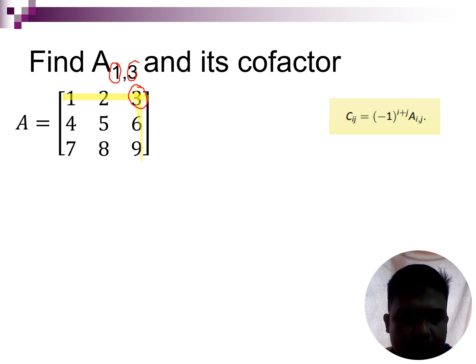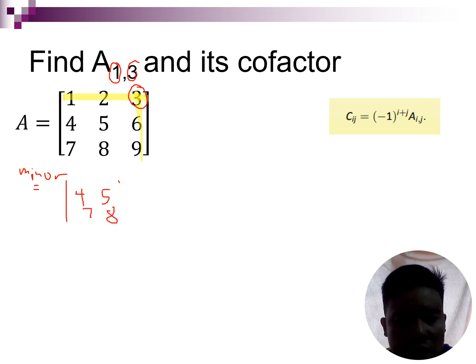So in looking for the minor of 3, we have there 4, 5, 7, 8.